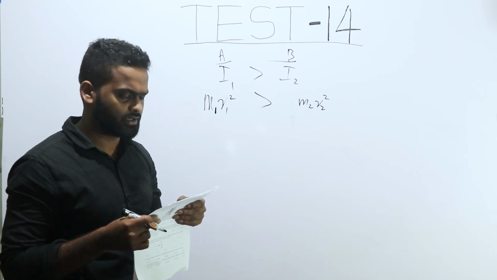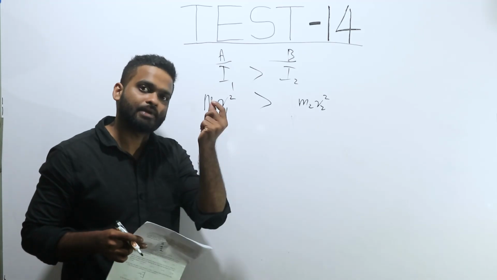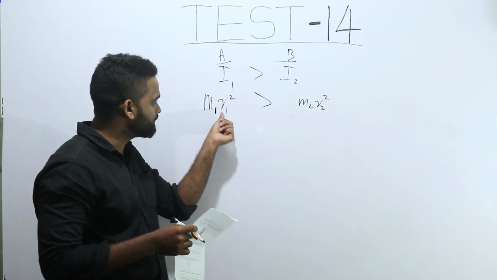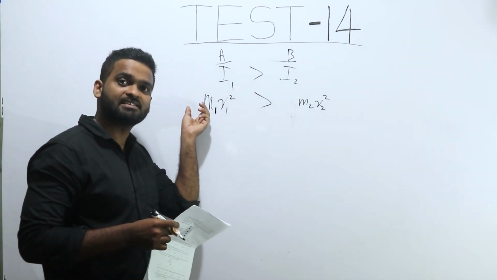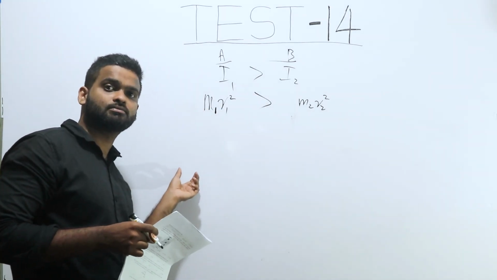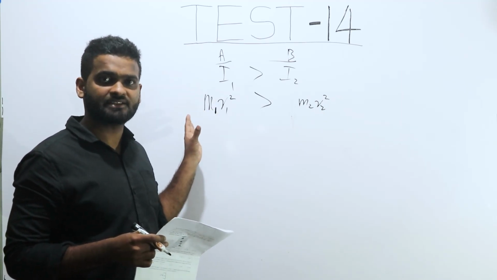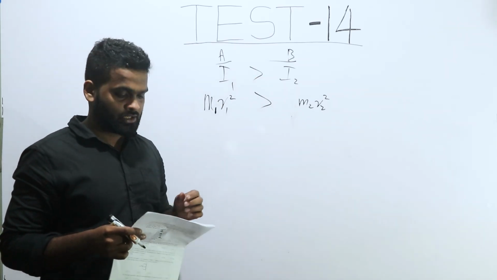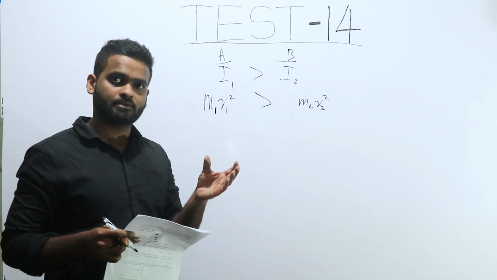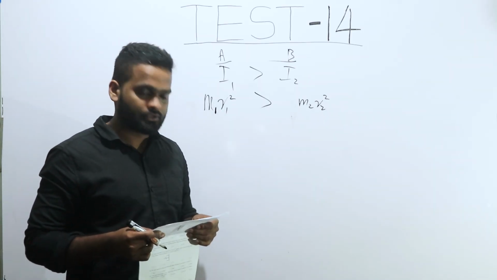So for B1, radius of A is higher. When we only think about radius, a radius could be a very large value, but if the mass is a very small value, without knowing anything about the mass, we cannot say that this is the condition. So we have to know both in order to satisfy this inequality.